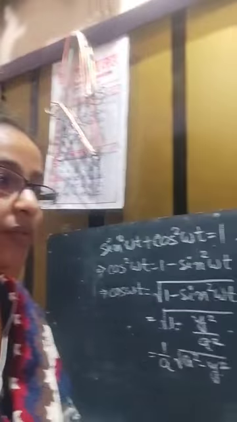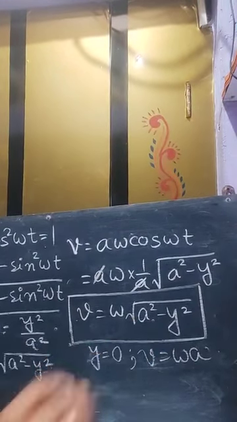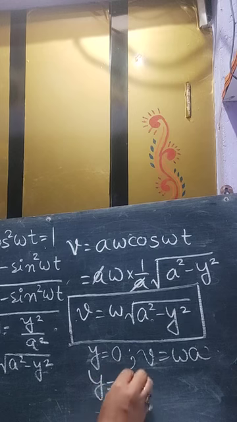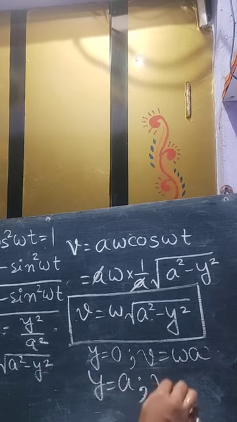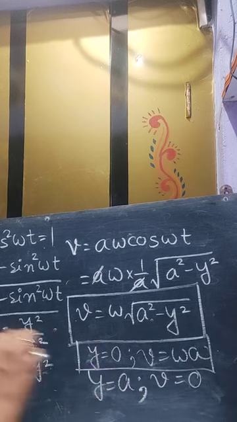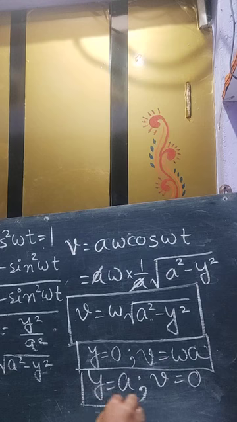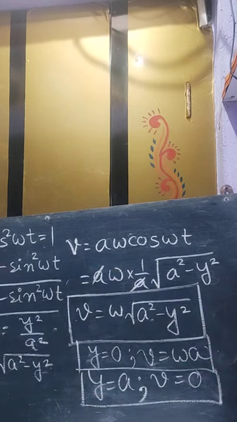Now, what will be the velocity if y becomes a? If y becomes a, then the velocity will be 0. So this is the condition for maximization of the velocity and this is the condition for minimization of the velocity. Okay, hopefully it is clear to all.